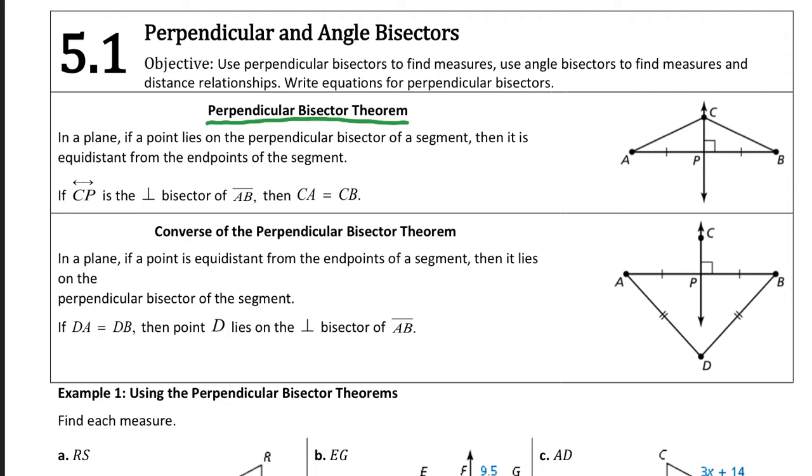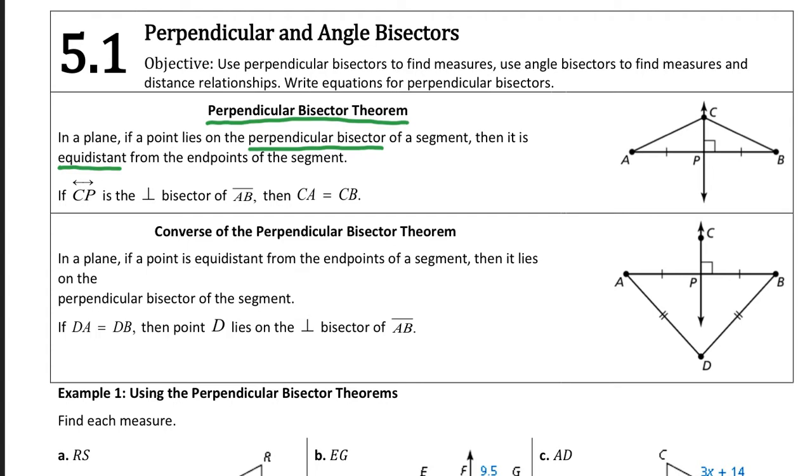The perpendicular bisector theorem states that in a plane, if a point lies on the perpendicular bisector of a segment, then it is equidistant from the endpoints of the segment.